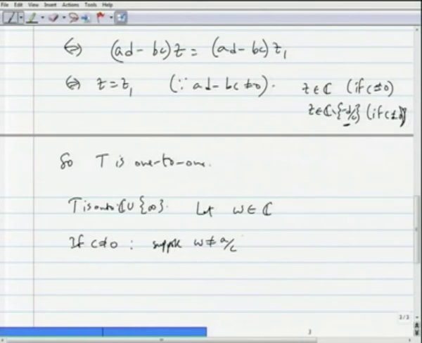Okay. So, then in this event that W is not A by C, then we can work out what W is by setting W equals A z plus B by C z plus D. Okay.